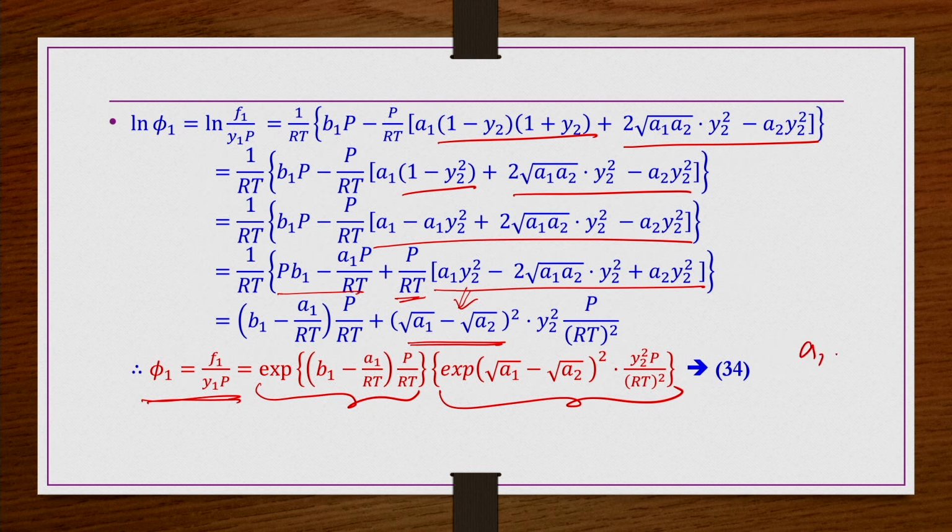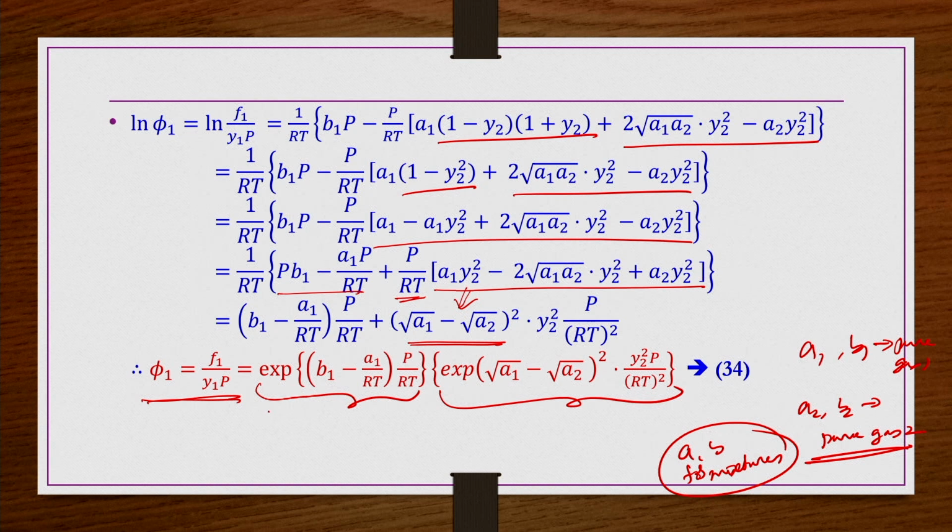Remember, A1 B1 are constants of pure gas 1, and A2 B2 are the constants for pure gas 2, where A and B are for mixtures, and these we obtained by the mixing rule. Now we can see this first correction is independent of the second component, its constant, its mole fraction, nothing is coming into the picture, whereas the second term is a function of both A1, A2 as well as y2.